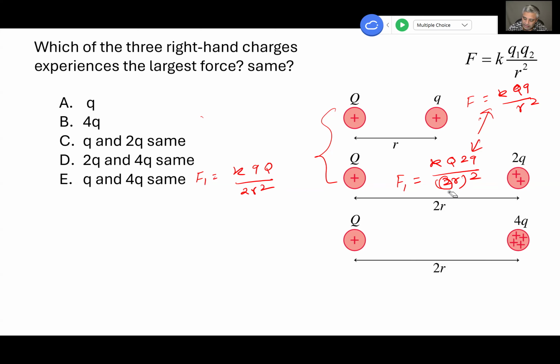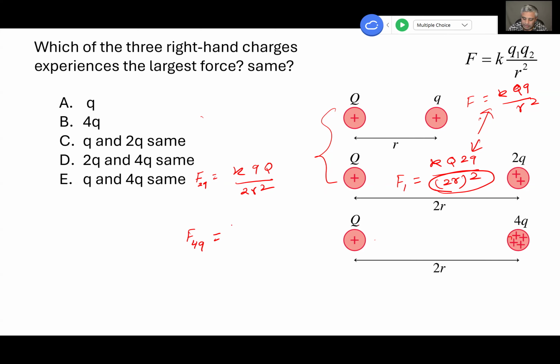One of the two is going to cancel because we have this being squared. And then let's say if I were to write F2 over here, based on the question, maybe it's a good idea to write F on 2Q, F on 4Q, right? That's how the question is formulated. So let's write something like that.